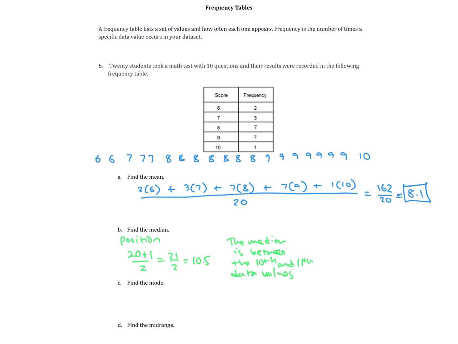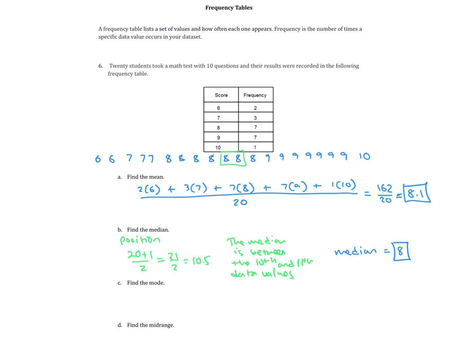Now I could, using my list, count to my 10th and 11th. 1, 2, 3, 4, 5, 6, 7, 8, 9, 10, and 11. It would be these 2 8s right here. So the median is going to be the average of those 2 8s, which is just going to be 8. If I add the 2 8s and divide by 2, I'm just going to get 8.